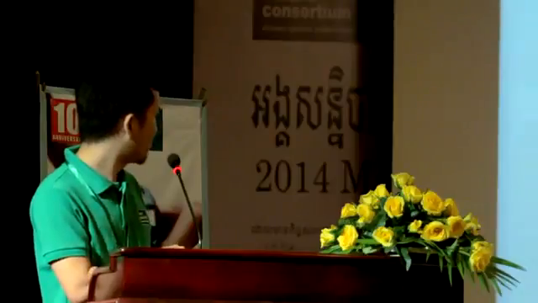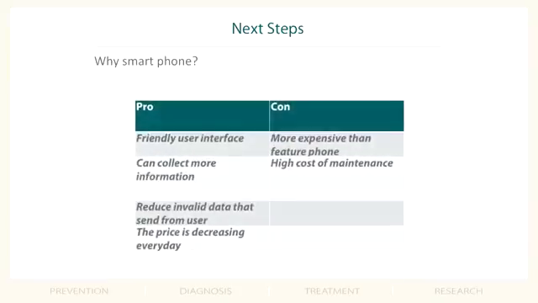And this is a big debate: whether we replace the basic phone with a smartphone or not. We are still not sure, but I have some pros and cons of the smartphone. If you replace it with a smartphone, the pro is we have a friendly user interface. Why?